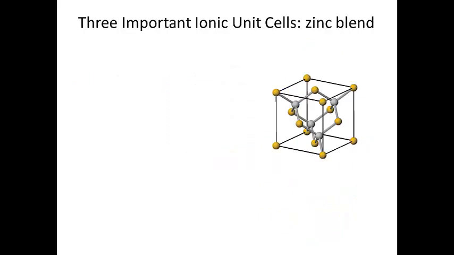The last of the important unit cell types is zinc blende, and zinc blende is a version of zinc sulfide. And so here what we have is a face-centered cube of sulfur, and we have 4 sulfur atoms total, or ions either way. That is 6 on the faces, 8 on the corners, same as we've done a few times now. And then there are 4 zinc ions inside.